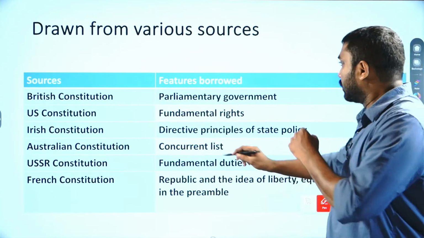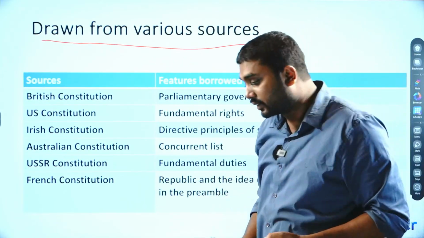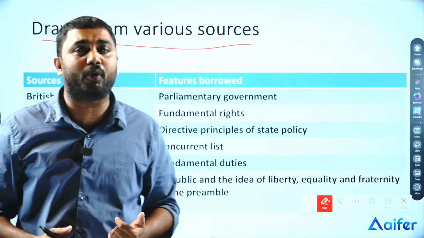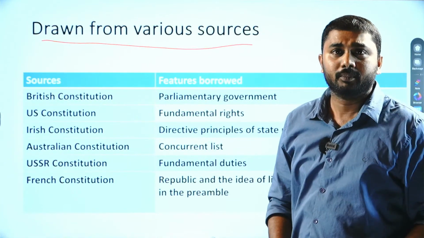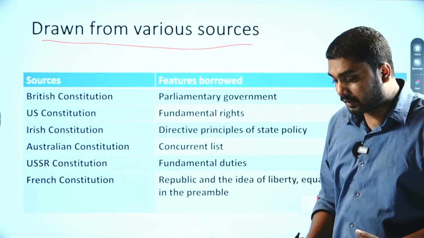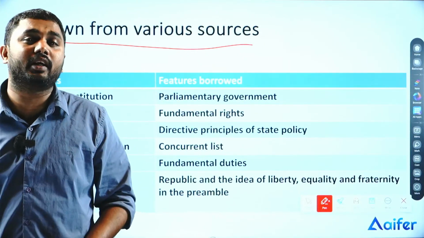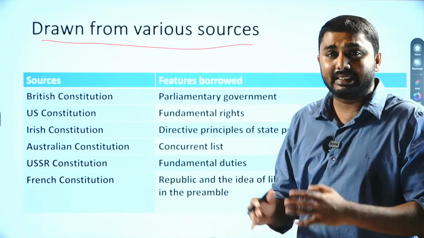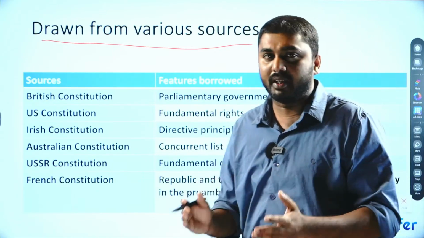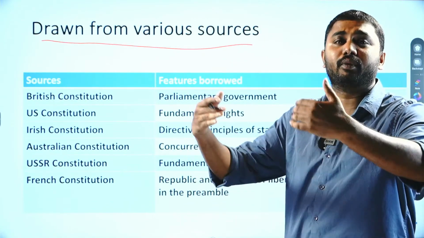Another feature is that the Indian Constitution is known as drawn from various sources. So we have taken some of the key points from other constitutions. That is why it is known as drawn from various sources. There is an argument that we may hear, that the Indian constitution was copied from the constitutions of some other countries.